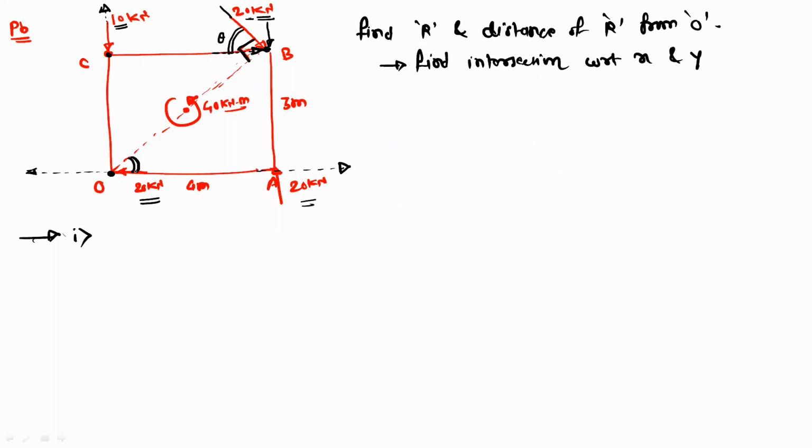So first find out this angle, let us take this as alpha. Then we subtract 90 minus alpha, so we will get the theta angle. Alpha is equal to tan inverse, this is 3 and this is 4, so tan inverse 3 by 4, which is equal to 36.86.